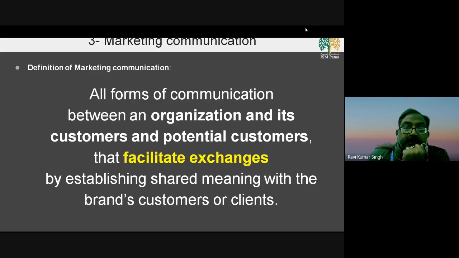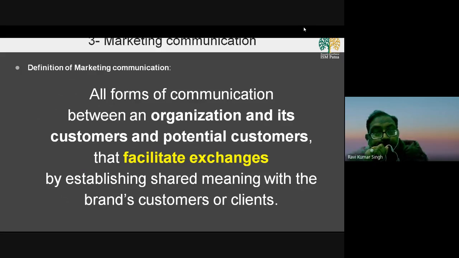Now the third communication is marketing communication. We can define marketing communication as all forms of communication between an organization and its customers and potential customers that facilitate exchanges by establishing shared meaning with the brand's customers or clients.